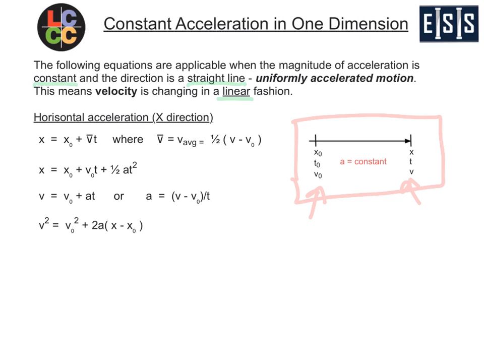And over this period of time, you have a constant acceleration occurring. And while you're in that condition, any of these equations is applicable, and you will use the equation that makes most sense and gives you the answer in the quickest way with the least amount of math. But you get to choose whichever equation you want to use.